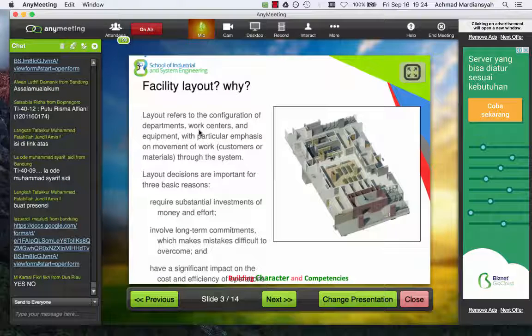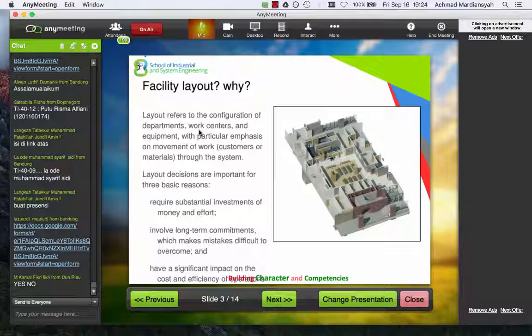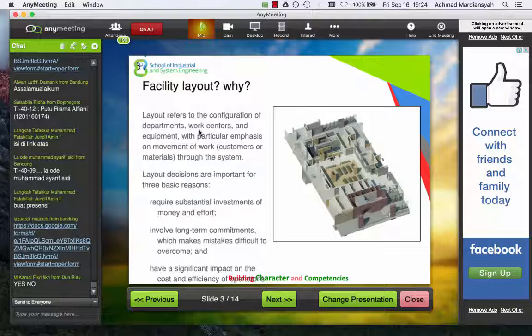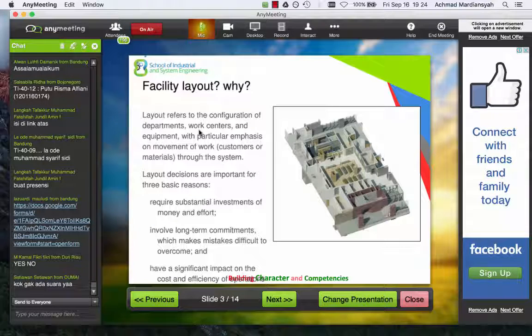So you already know that we already have facilities. A facility is something that makes our job easier. So why do we need a facility layout? We need a layout so that we can produce more easily, so we can have better productivity, and produce more and more.